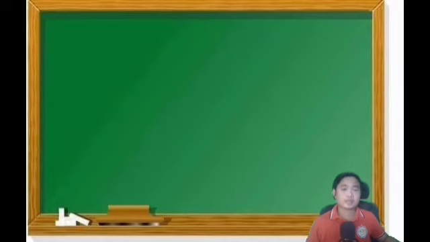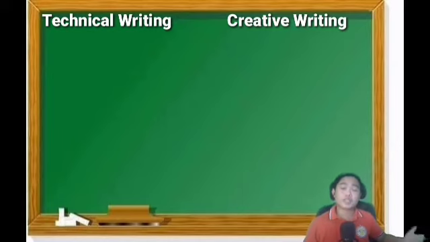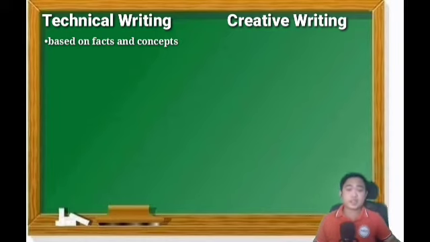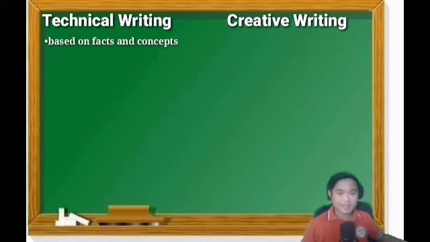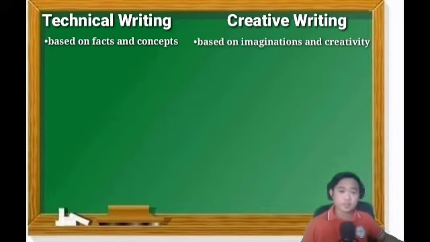All right. So to make it simple, guys, let me discuss the comparison, the difference between technical writing and creative writing. When we talk about technical writing, it is based on what? Facts and concepts. While creative writing is generally based on imagination, and from the word itself, creative writing is based on creativity.